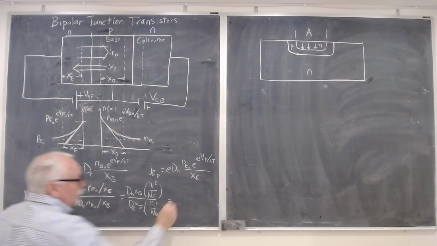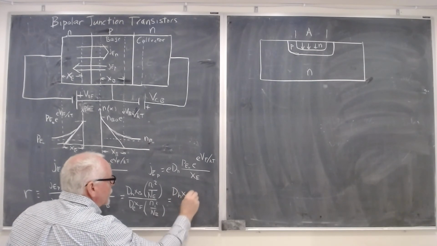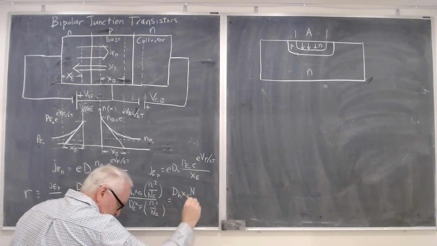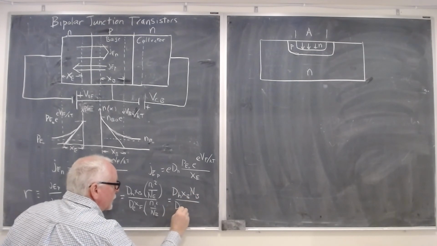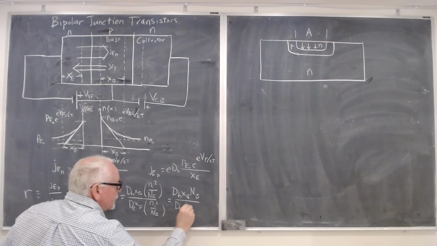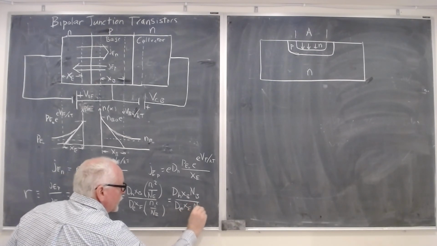So then that's equal to D_H X_B N sub B over D_E X sub E N sub E.